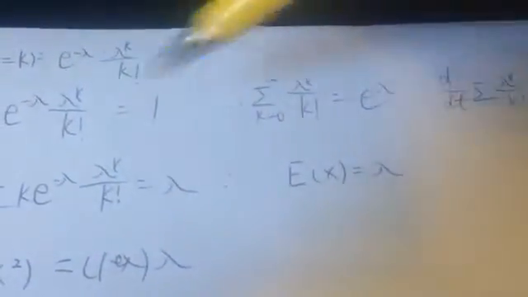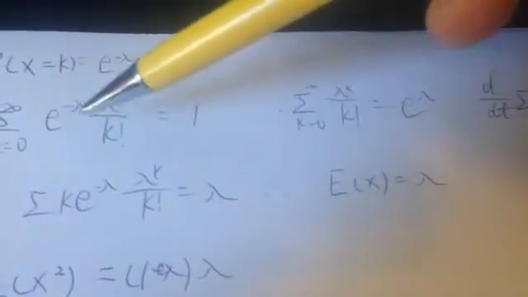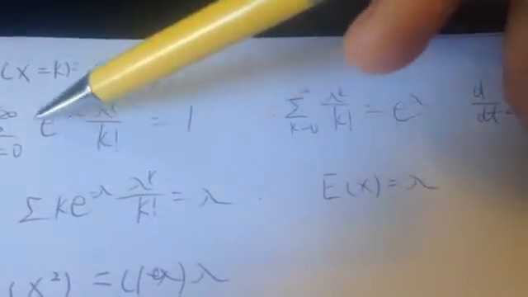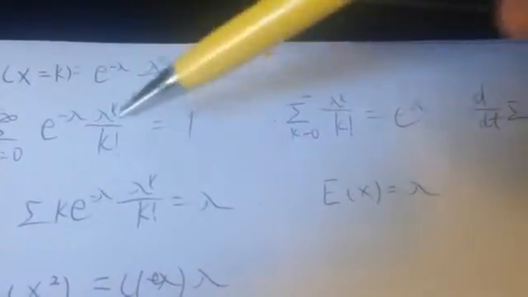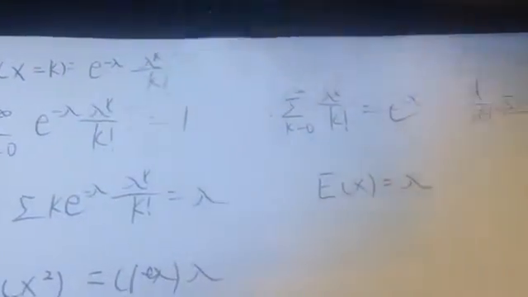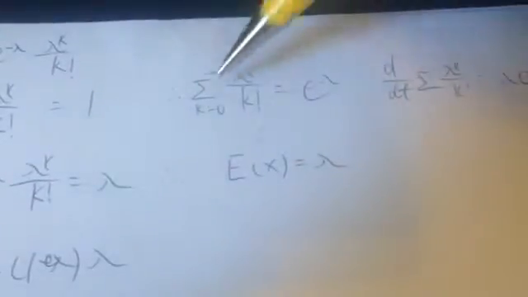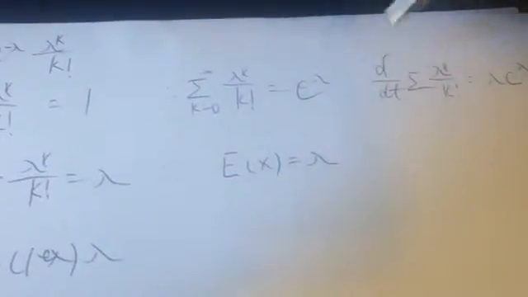So we multiply both sides by e to the lambda, and we get that the sum of this should be e to the lambda.